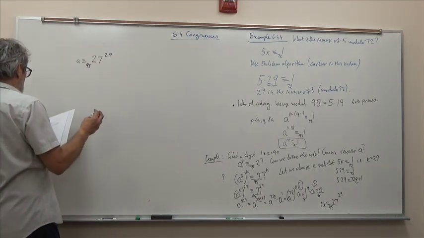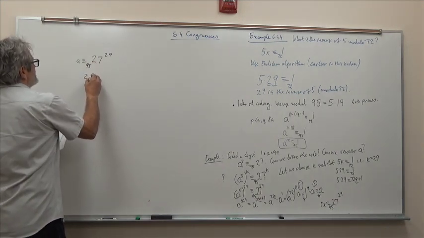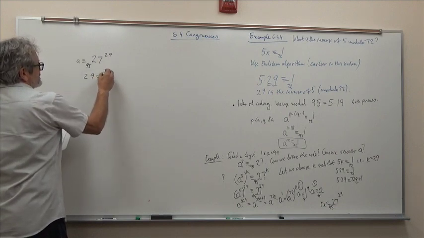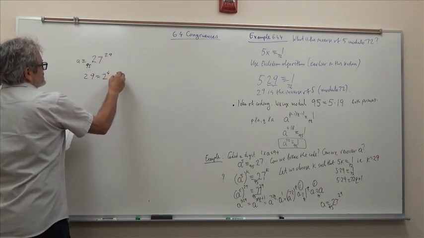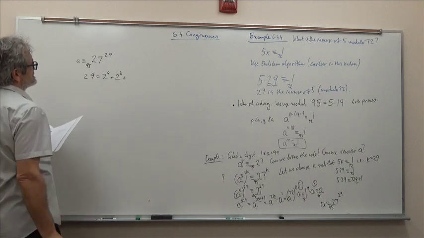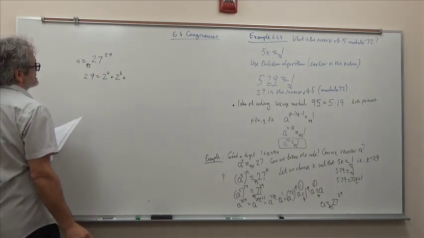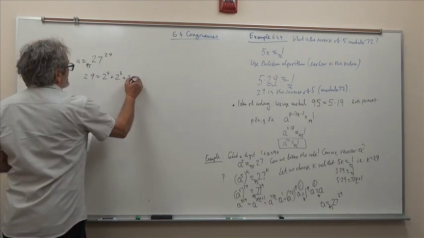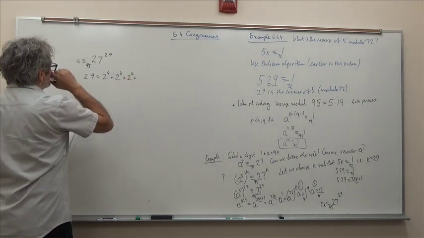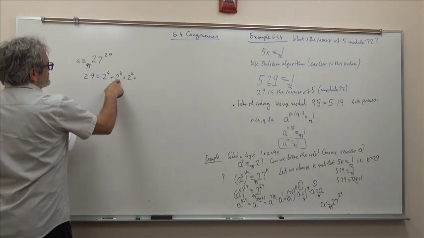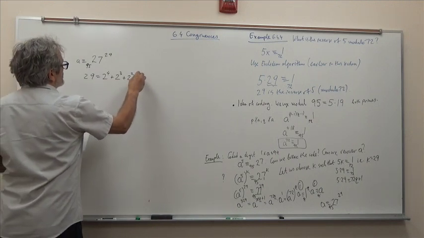So how did we do that? We write 29 as a sum of powers of 2: 2 to the 4th, which is 16, plus 2 to the 3rd, which is 8. So this is 16, 8, 24, plus 2 squared, 28, and 1.